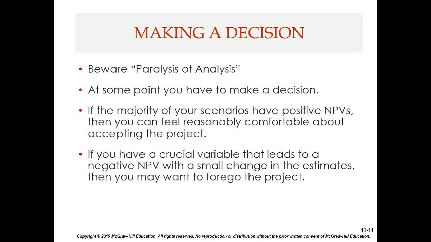But what you have to be very aware of is if you have variables that with small estimate changes will really impact your net present value and maybe even take it into negative, and then assess, could that really change? You may want to consider not doing the project, even if you have all these net present values that are positive. So it's a combination of these two items you really need to look at.